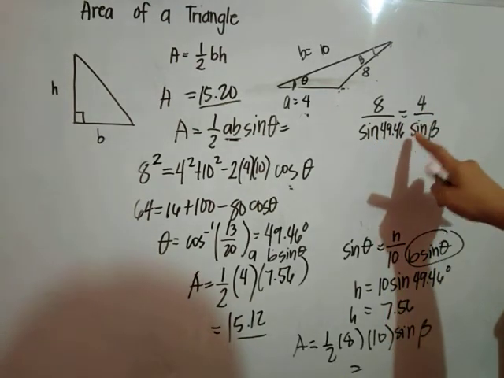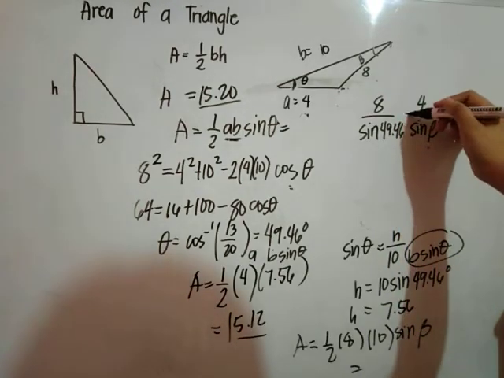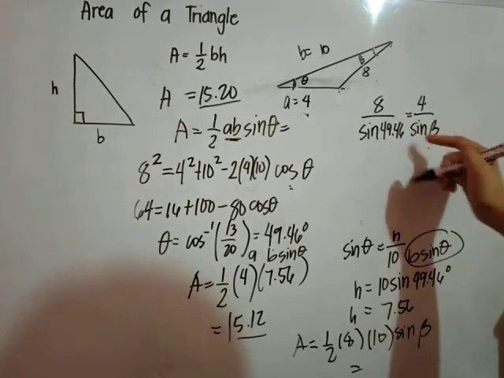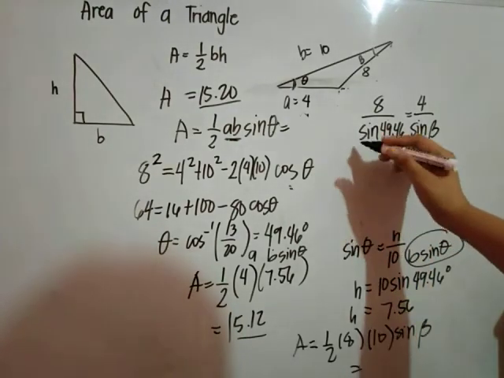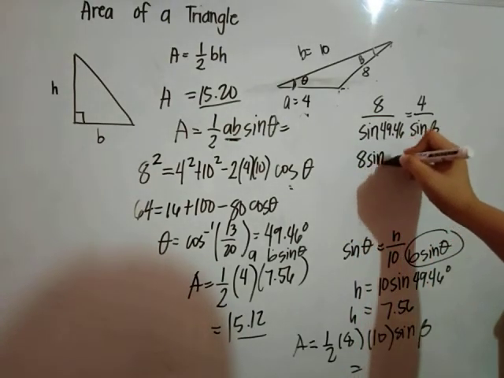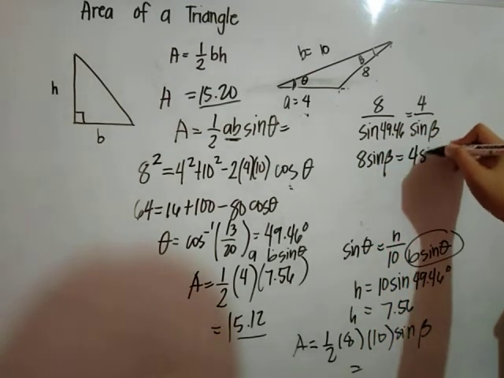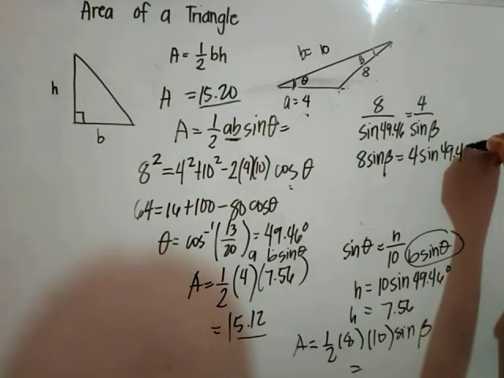Then we can get the value of beta. So, isa-isahin ko. 8 sine beta is equal to 4 sine 49.46.